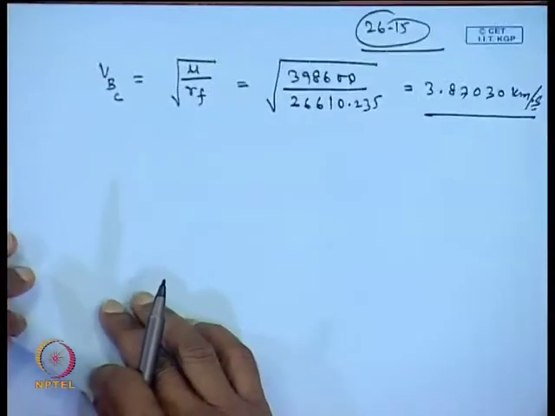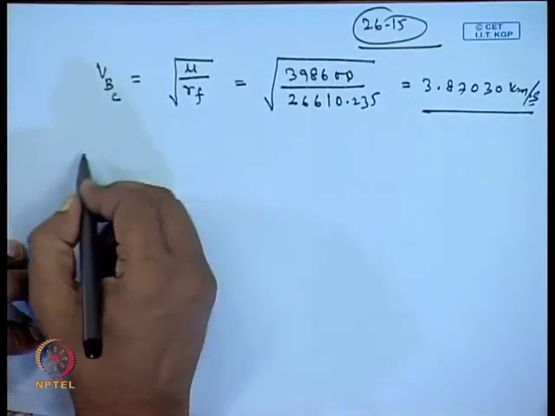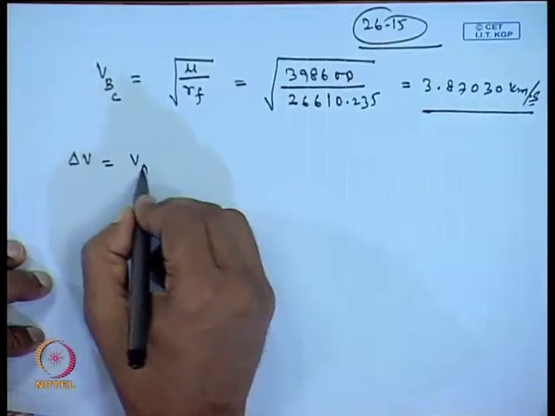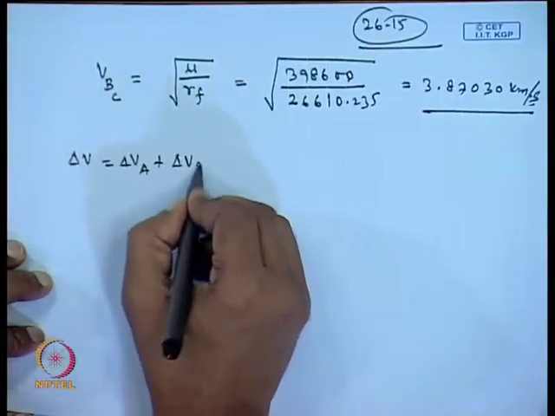Now, it is easy to calculate how much impulse will be required. So, the change in velocity required is given by delta V a plus delta V b.